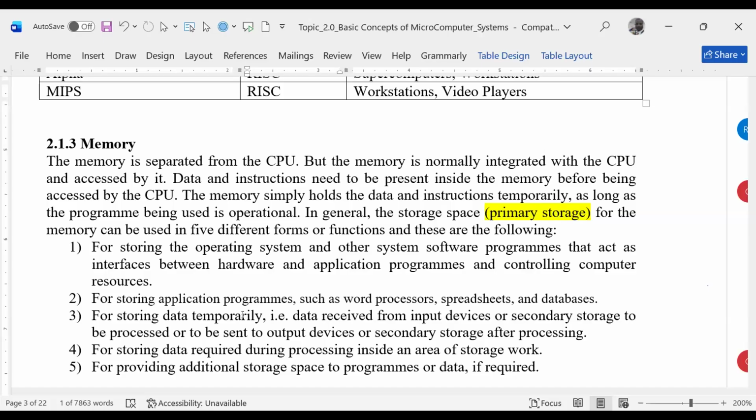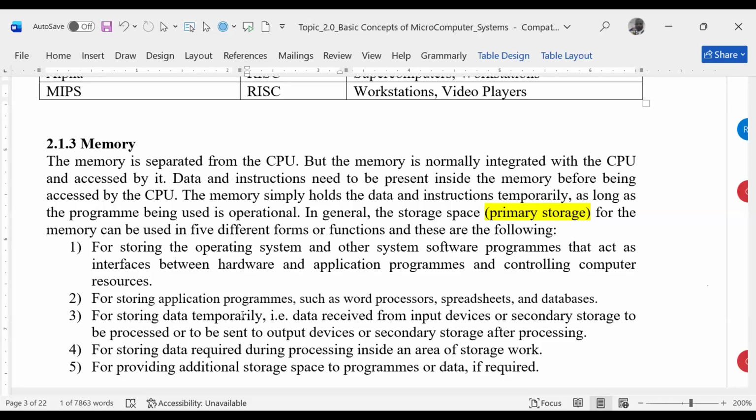The memory is separated from the CPU we have seen, but the two work together. You can't separate the memory from the CPU, because anytime something is entered from the keyboard or input device, it goes to memory, and memory decides where it must go. So the two work together, but they are separated.